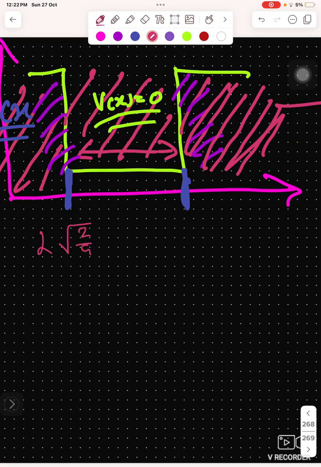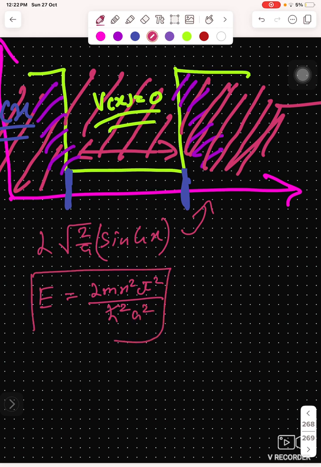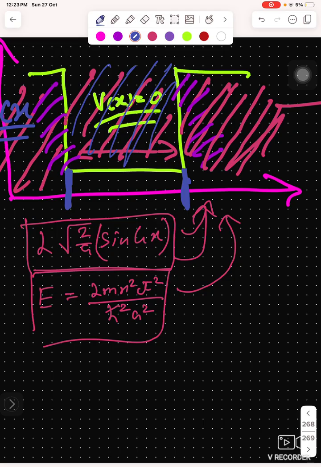The square root of 2 over a times sine kx will give us how the eigenfunction looks, and the eigenenergy will be 2m n square π square over h bar square a square. So we solved it: the eigenfunction and eigenenergy for the particle trapped within this range, 0 and a.